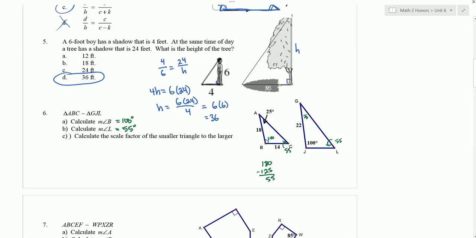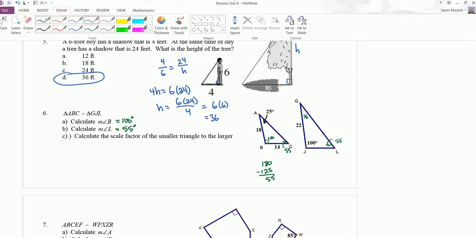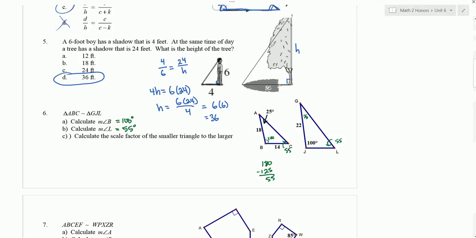Calculate the scale factor of the smaller triangle to the larger triangle. So I'm going to find two sides that correspond, of which I know their lengths. So AB is proportional to GJ.